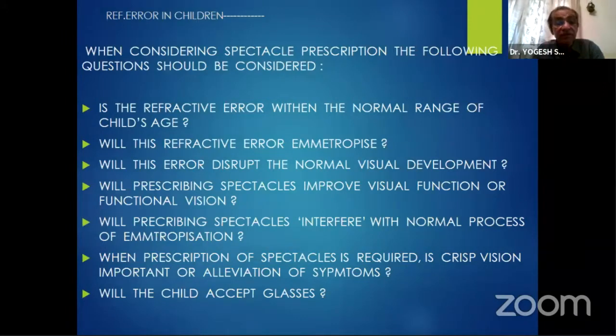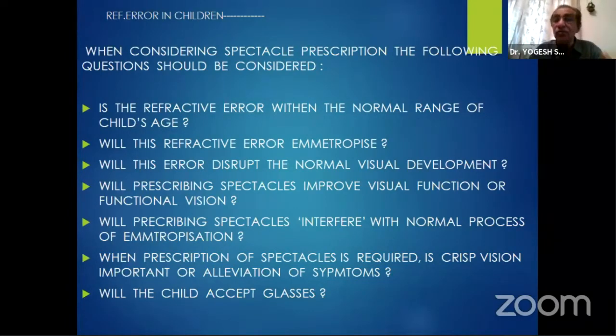Will prescribing spectacles improve the visual function or functional vision? This is a big aspect again. There is half a chapter on it. Visual function is what we see, and functional vision is the vision that we already have left with us.